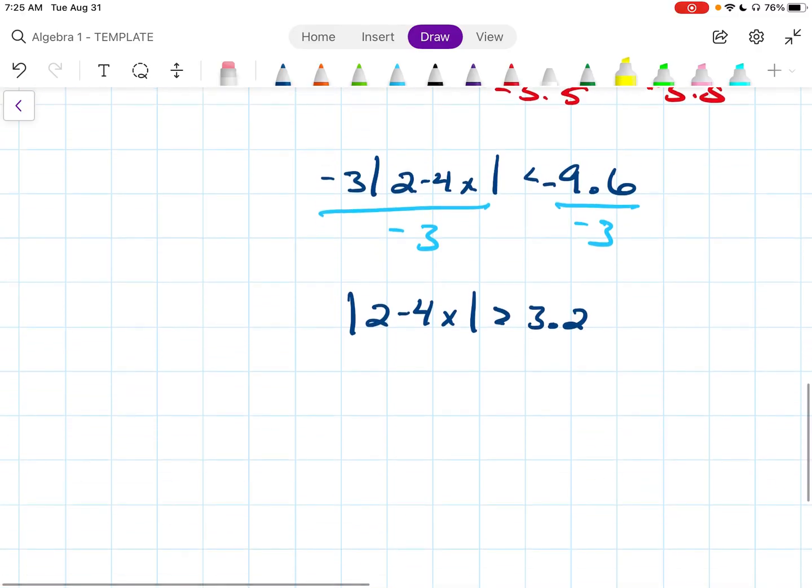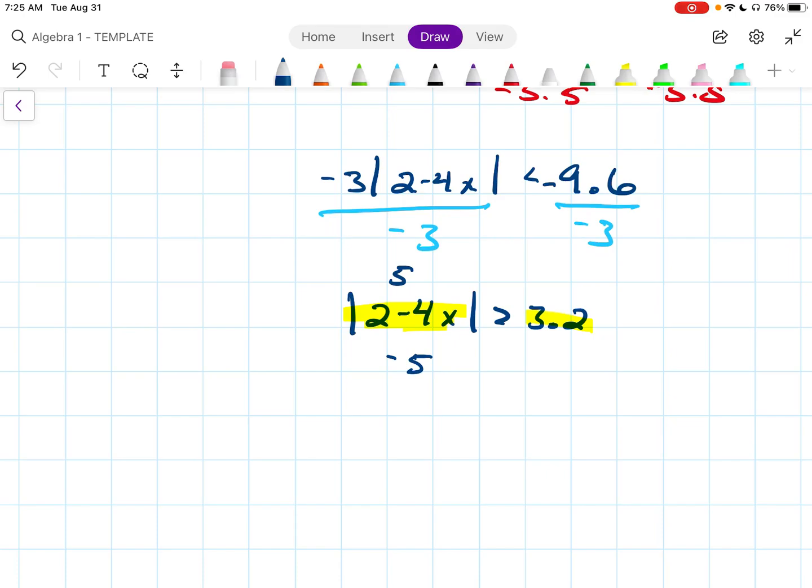Now, I'm trying to remember what we wrote earlier. Is this going to be an and or an or inequality? Well, it says that this is larger than this, so that would include the number 5. It would also include the number negative 5, because we take the absolute value of it.